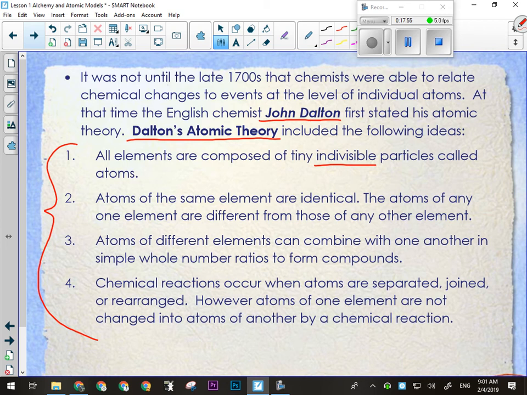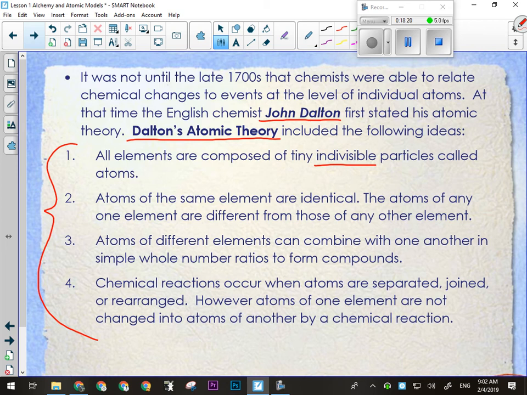He also said that atoms of the same element are identical. There's no way to have a bunch of carbon and have all the little particles be different. If they all have the same properties, they all have to be the same. So that was kind of where that idea came from. The atoms of any one element are different from those of any other element. And again, Dalton is saying all this stuff before we know about protons, before we know about neutrons, before we know about electrons.